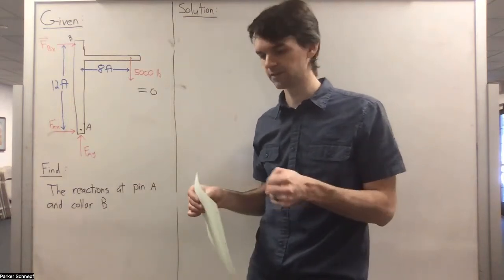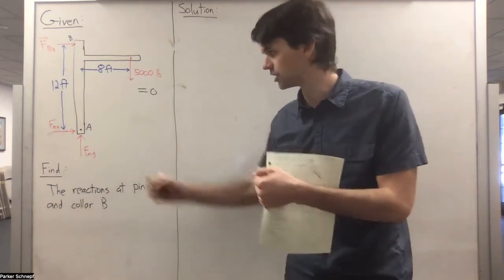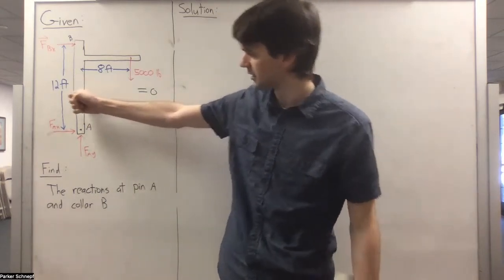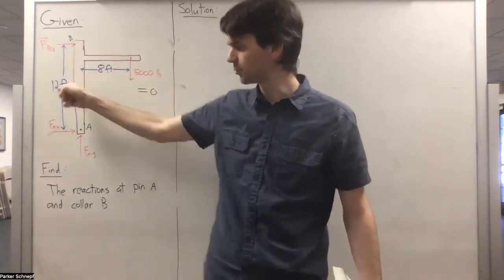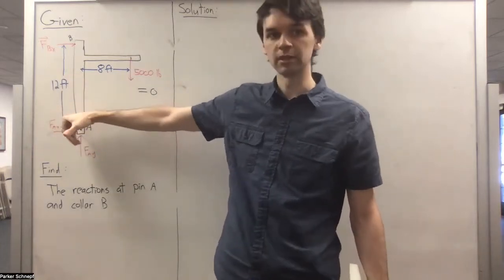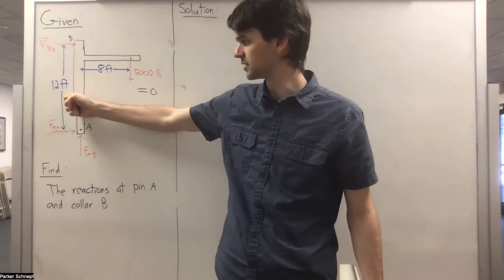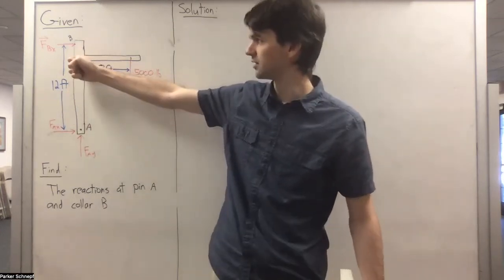If something is pinned, I can't shear it or pull this way and have it move freely, but I can rotate it. The pin lets me rotate, so there's no reaction moment resisting motion, but it will resist me trying to pull the whole thing this way or that way.